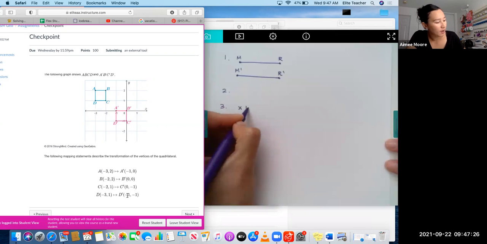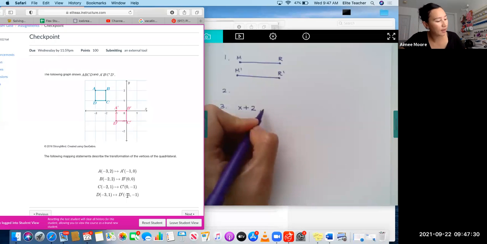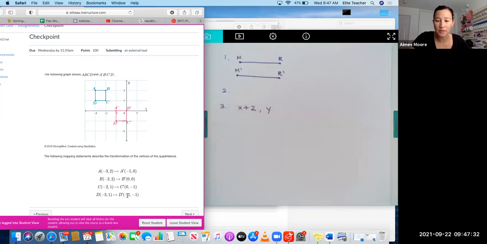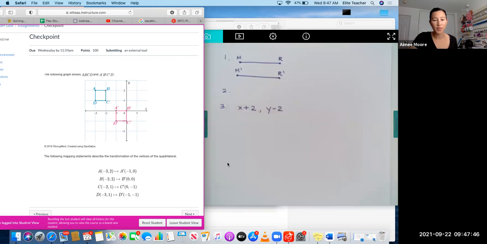And now let's look at what's happening to the Y values. We're going from 2 to 0, from 2 to 0, 1 to -1, 1 to -1, which means Sarah's correct. Yes, we are subtracting 2 from the Y values.